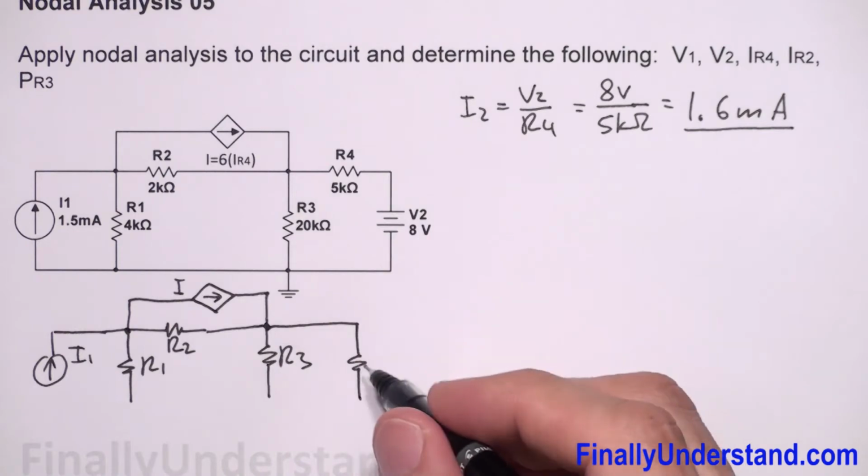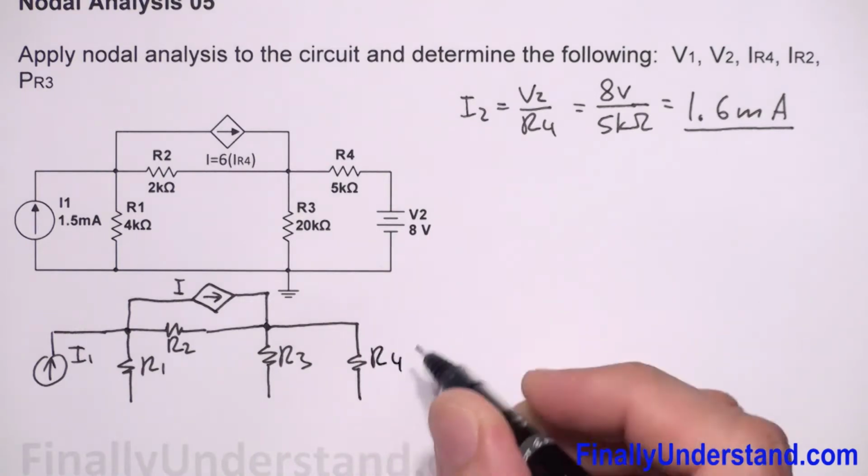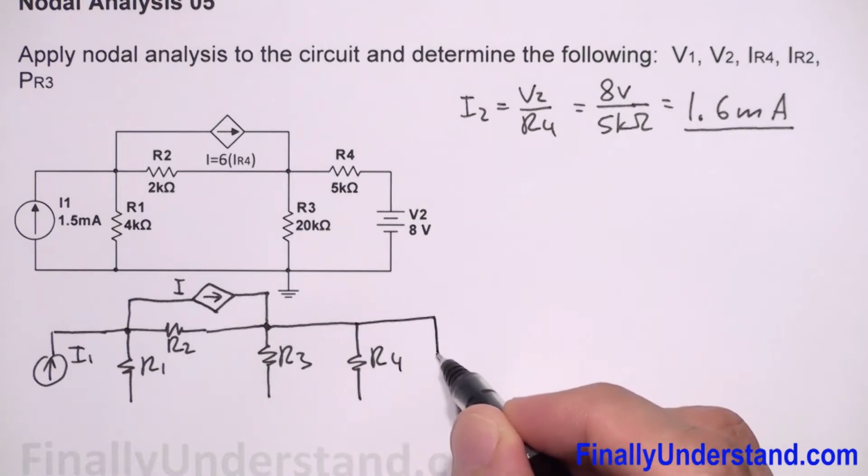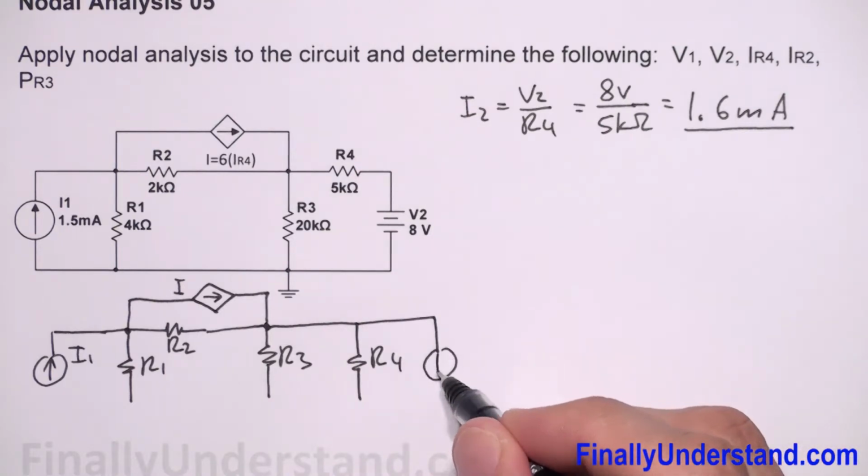That's why I'm going to draw this in this way. So this is my R4 and this is my current source.